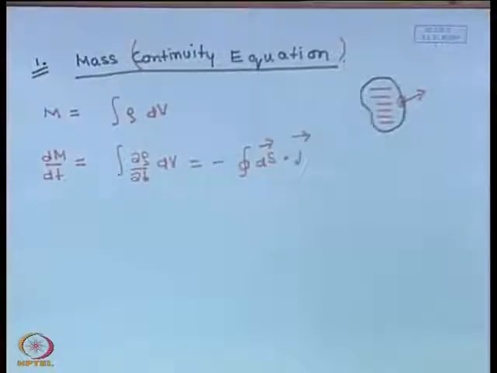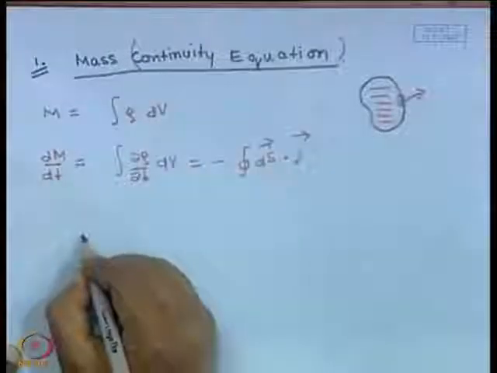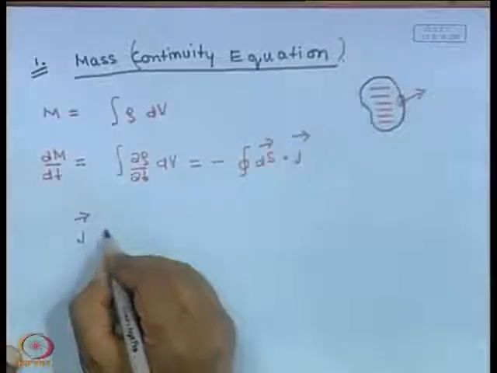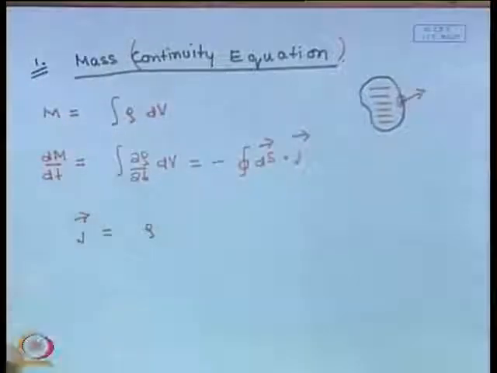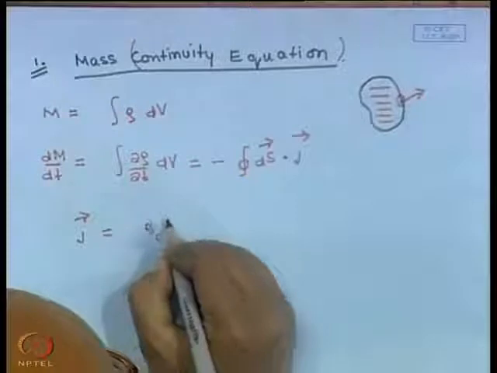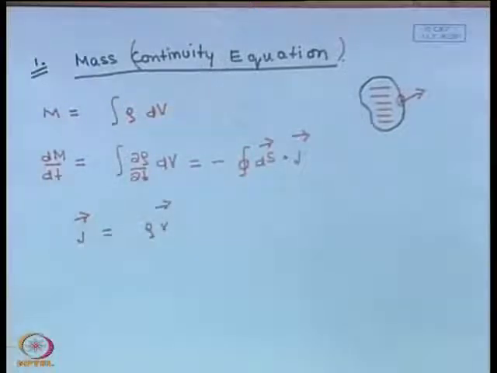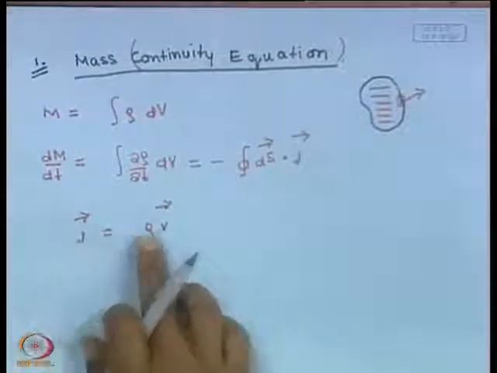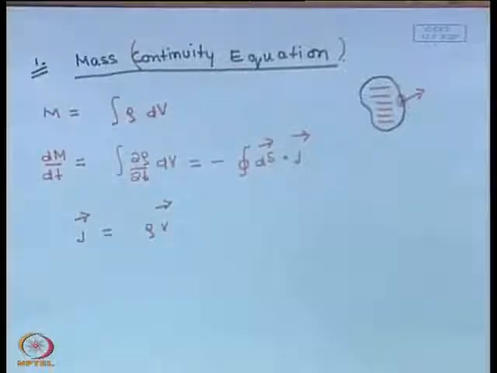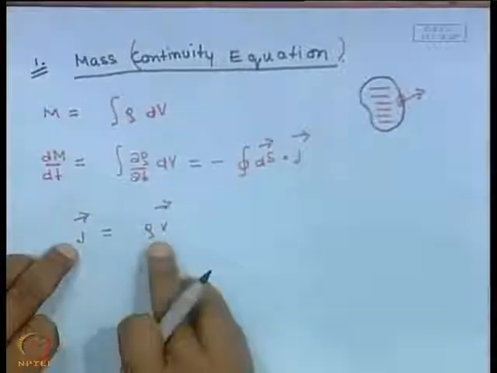The mass current, or for that matter any current, is the quantity times the velocity with which it flows. So, J will be the mass density rho, mass per unit volume, times the velocity with which it is flowing. If I take a unit area and ask how much mass is crossing it per unit second, it will be given by J dot the area. So, this is the mass current.